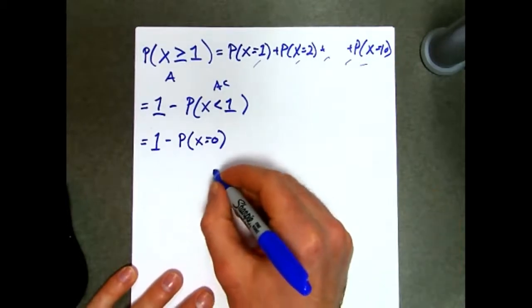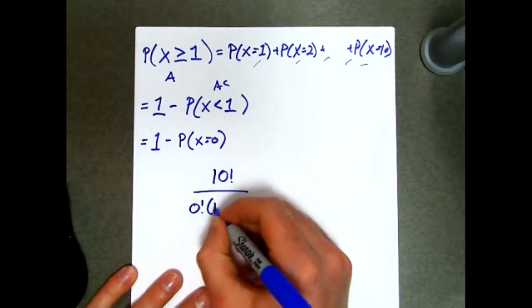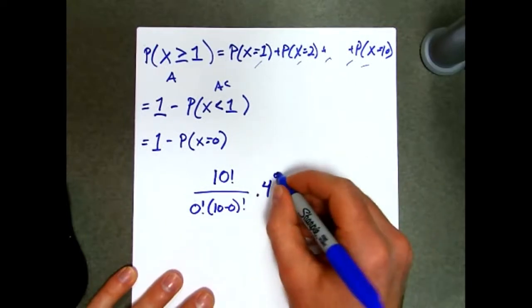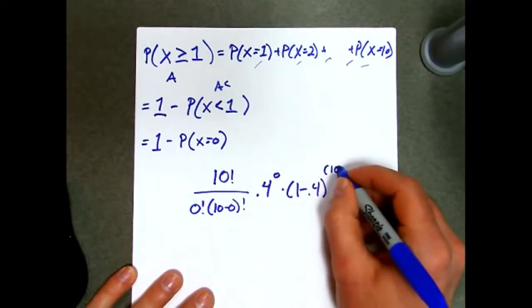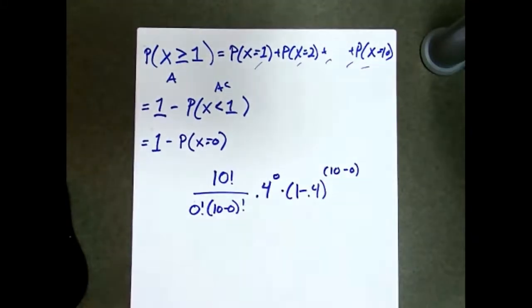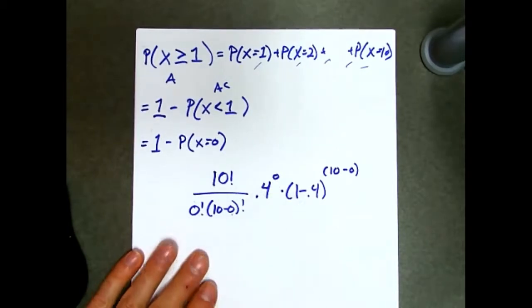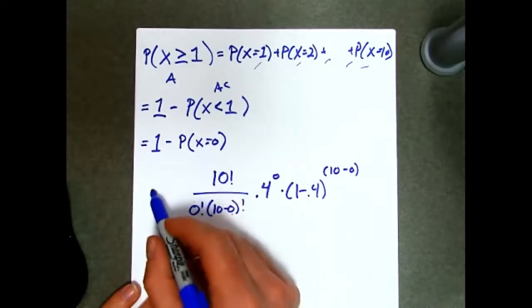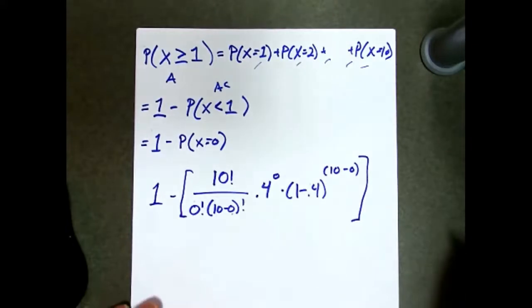So n factorial, where n was 10, over X factorial times n minus X factorial, times the probability of success, 0.4, to the X, times 1 minus that probability of success to the n minus X. Once again, I was just using that binomial formula. I'm doing it from memory, but you'll have it in front of you, plugging in my values for n, X, and p. Also, this was just for the probability, so whatever that ends up being, I still need to subtract it from 1.